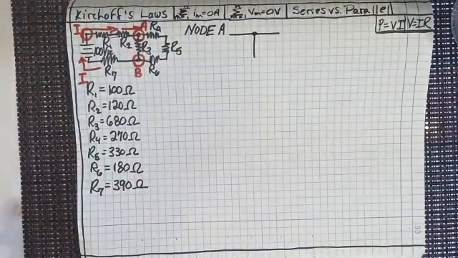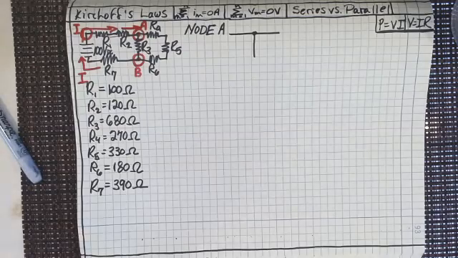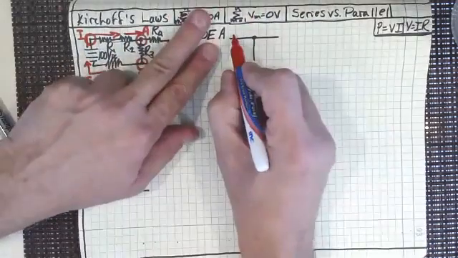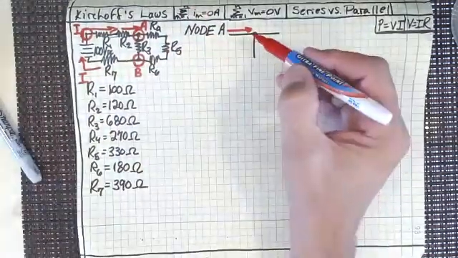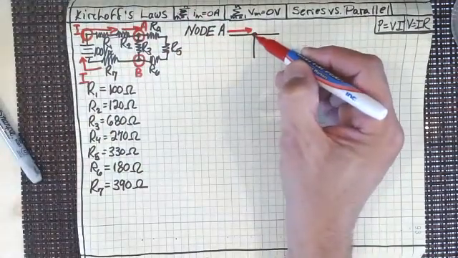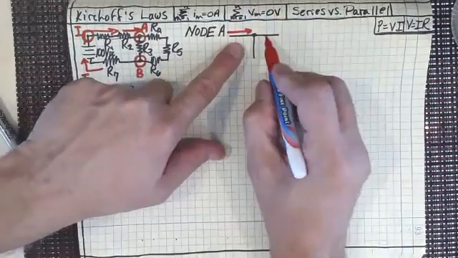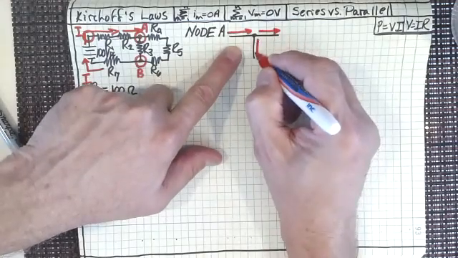Now let's look at the current that's flowing into node A and the current that's flowing out of node A. Well, we can see right on top here that the current that's flowing into node A is coming in this direction. And then if it's flowing in, it only has two ways to get out. It can either go out this way, or it can go out this way.